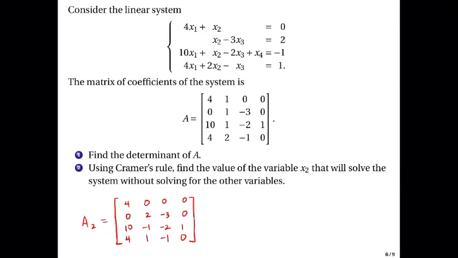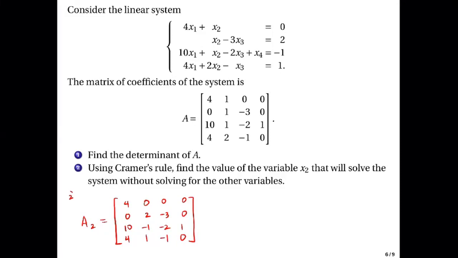And then what's next? We find the determinant of A2. Notice we can still use column 4 for our cofactor expansion.